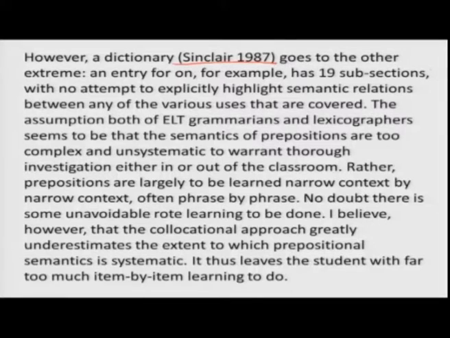So, the specific issues are given here because the writer is clearly contesting this. So, this is here that the collocational approach greatly underestimates that it is systematic. So, the writer is clearly not happy with this approach, which is prevalent in the previous works, and is going to propose something different. So, this is how you do a review in your research paper.